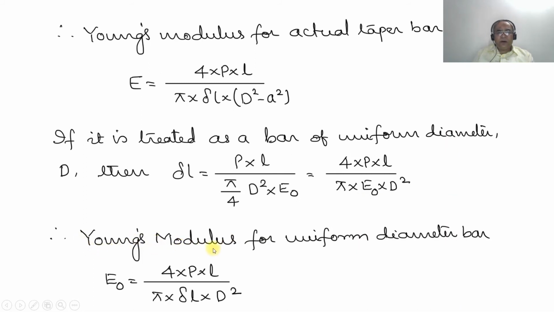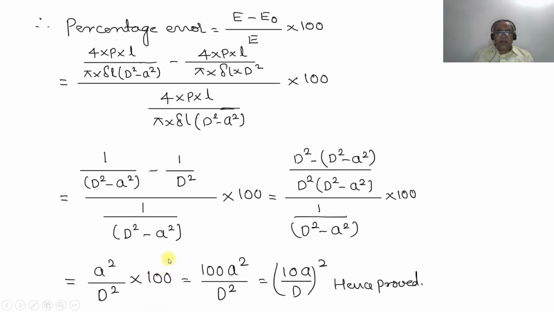Therefore, Young's modulus for the uniform diameter bar, E naught, will be equal to 4 P L by pi delta L into capital D square.